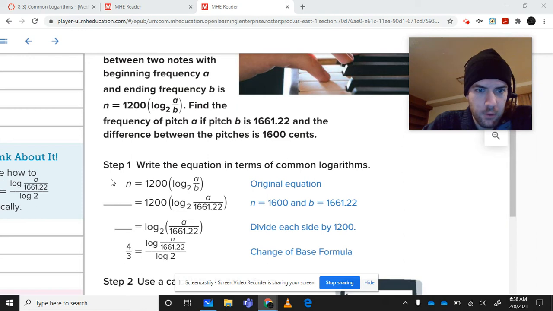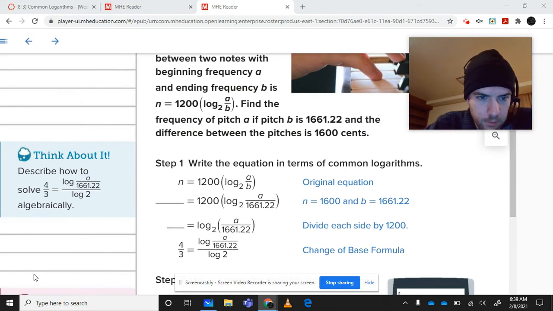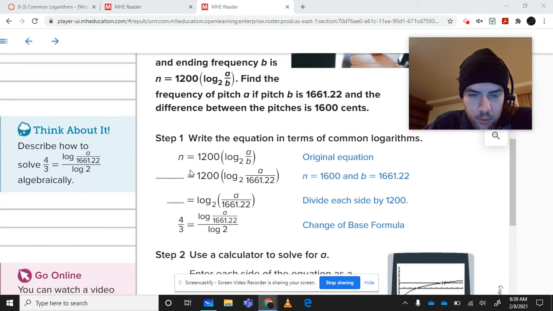Okay, so we're going to take our original equation that they described. We're going to plug in the two values that they give us. So we're going to plug in 1600 over here on the left, and we are going to plug in 1661 for B. So that'll get us to this expression with two values plugged in. Let's just go through.